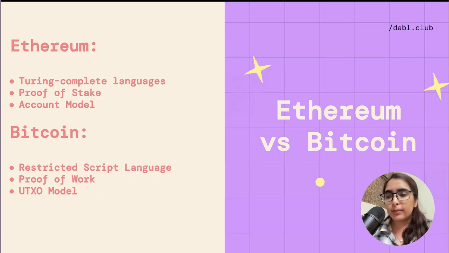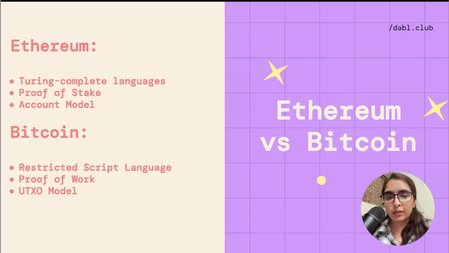Now let's come to proof of stake versus proof of work. Whatever is there on the blockchain, how do we verify if that is correct or not? There are certain consensus mechanisms used in blockchain networks to validate these transactions. Two of those consensus mechanisms are proof of stake and proof of work.